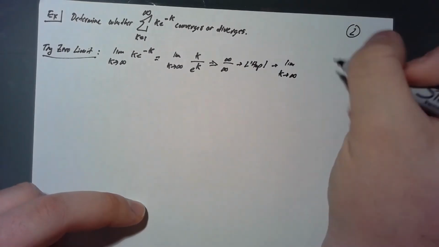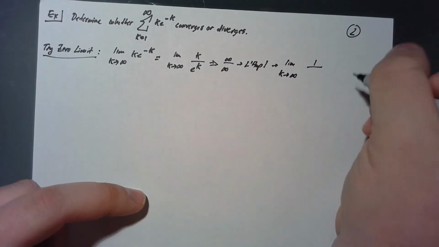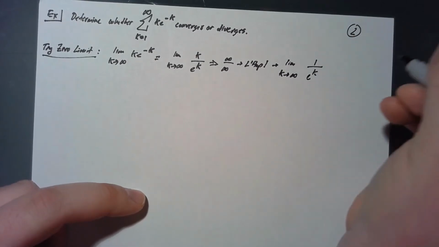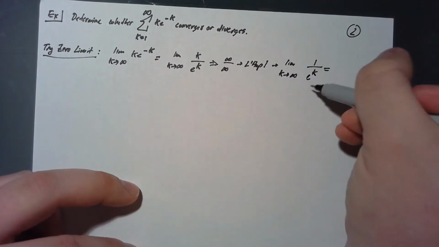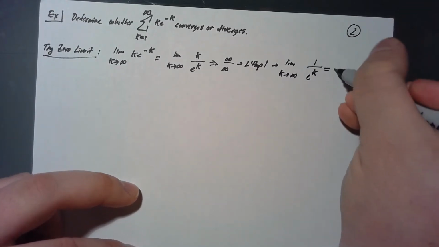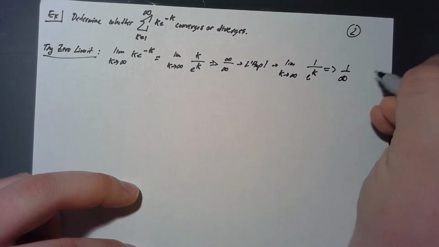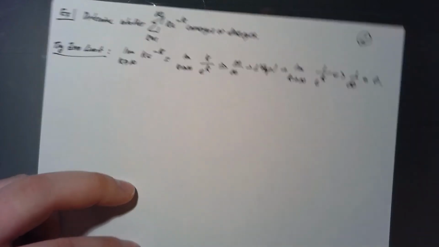Take the derivative of k, you get 1, and take the derivative of e to the k, you get e to the k. And what's the limit of this? Well, e to infinity is still infinity, and 1 over infinity is 0.